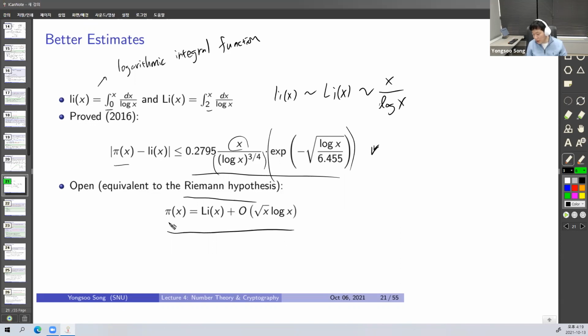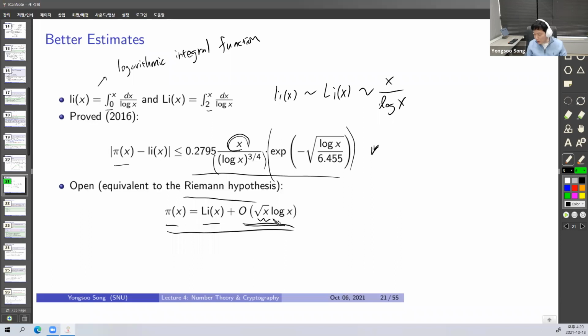The claim is that pi of x is equal to this logarithmic integral function plus big O of square root of x times log x. You can see that this is a better approximation than the currently known result, because there's an x there, but this function has roughly a square root of x scale.